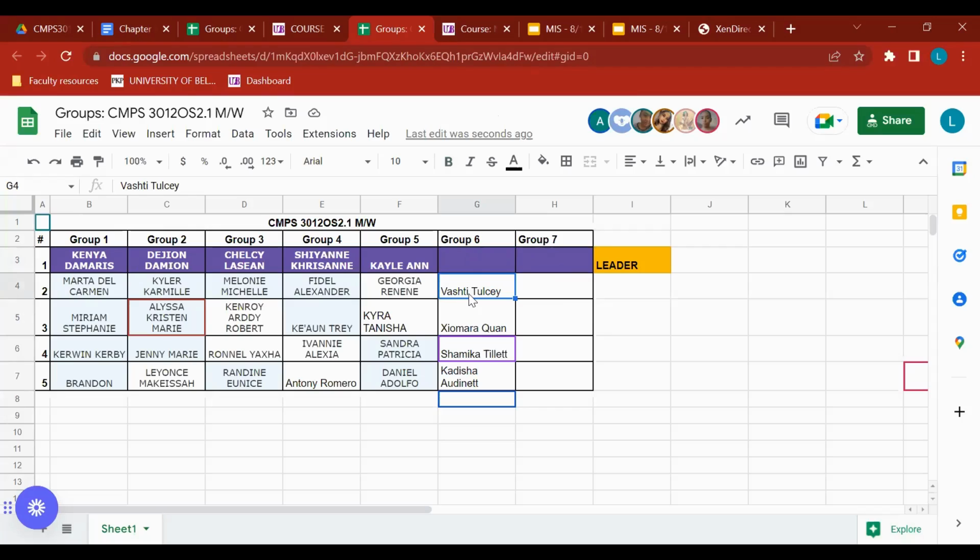So that will be Vashti. Vashti, I'm going to refer to you as the leader of that group until one volunteers. So we have Vashti, Xiomara, Shamika, and Kadisha. You guys have each other's contact already? We're sending it on the chat, Miss. Okay, awesome. So I'm going to take it that everybody has been assigned to a group and you know who your group members are.